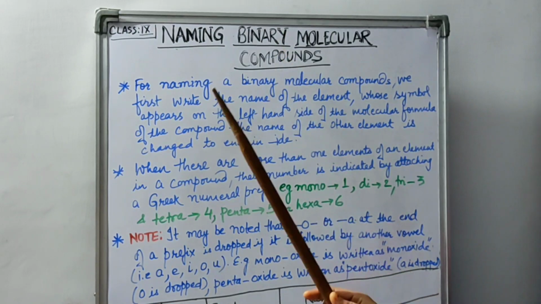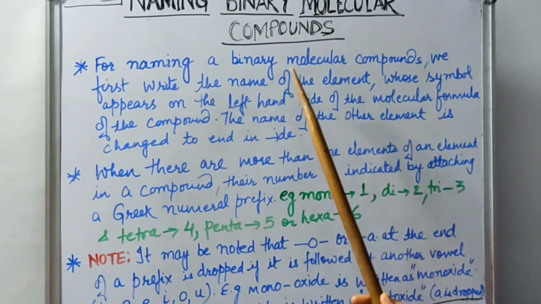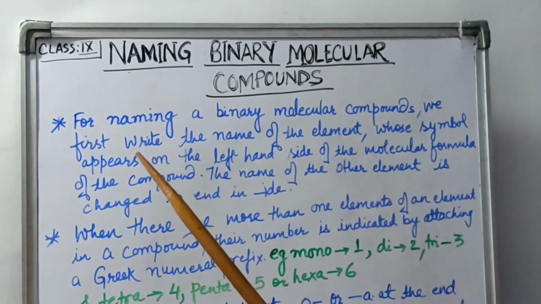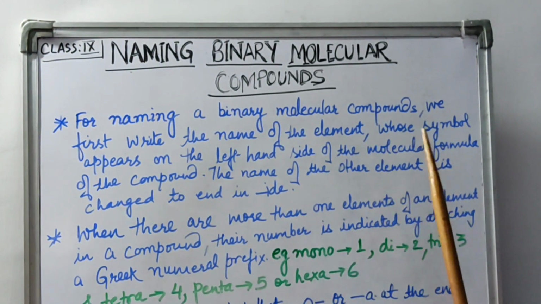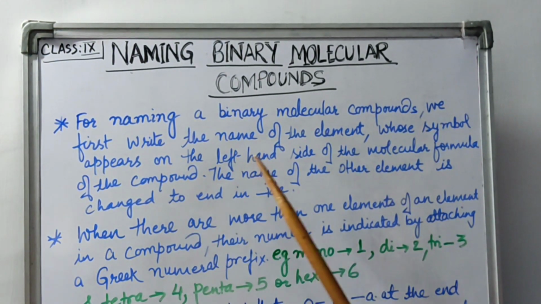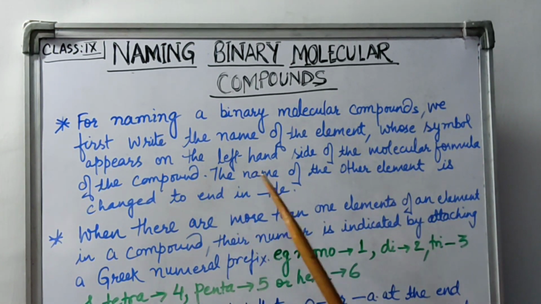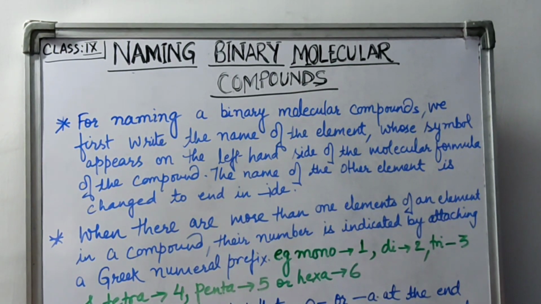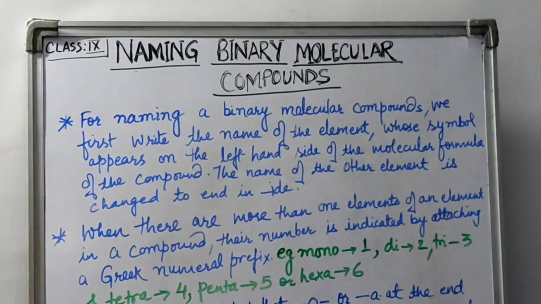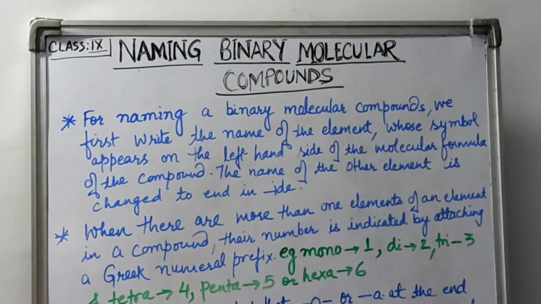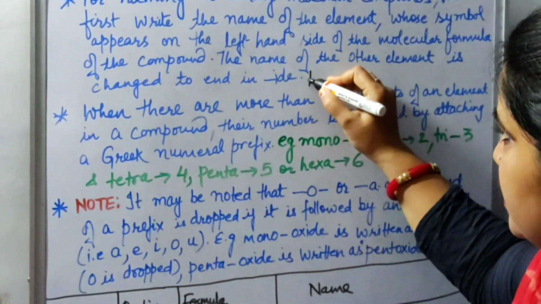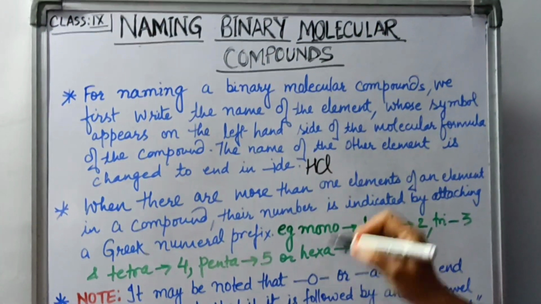Binary means two. For naming binary molecular compounds, we first write the name of the element whose symbol appears on the left hand side of the molecular formula of the compound. The name of the other element is changed to end in "ide". For example, if we write HCl, what will be the name?